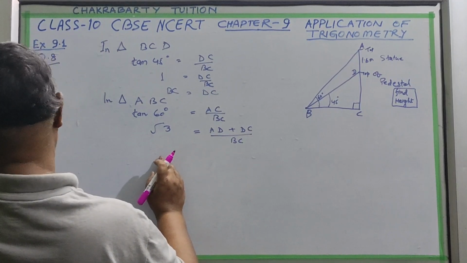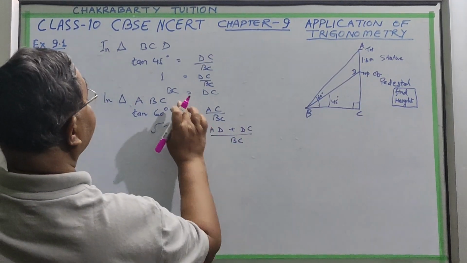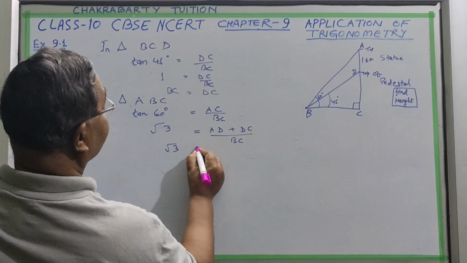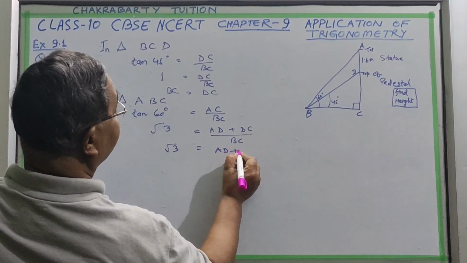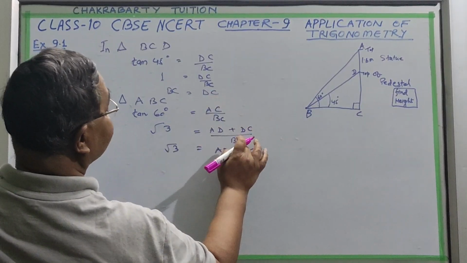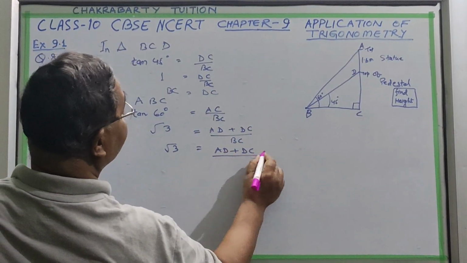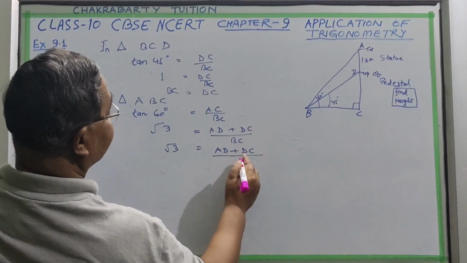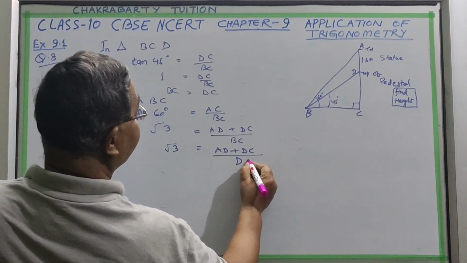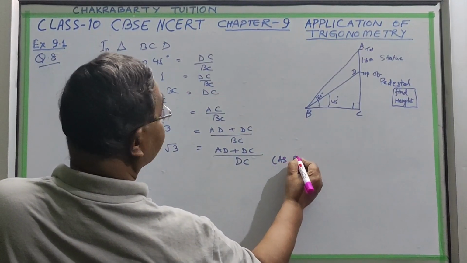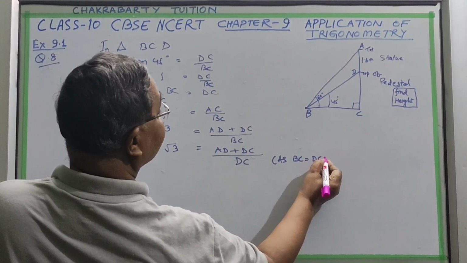Now here BC and DC are equal, so this also we can change. Under root 3 is equal to AD plus DC upon DC, because DC is required. Because you have changed AC, now here we will change this also, BC to DC, because BC is equal to DC.